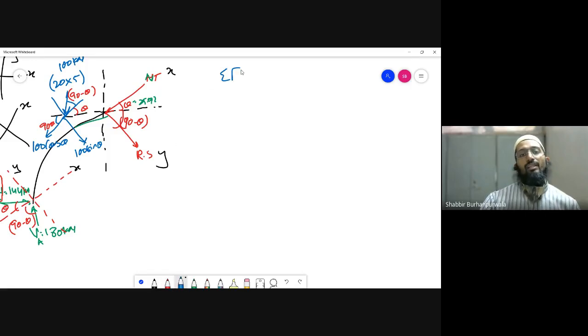तो हम लोग यहाँ पे लेते हैं summation Fx equals 0. If I do summation Fx equals 0, so x direction के अंदर 144 है जो कि पॉजिटिव डायरेक्शन के अंदर है. फिर हमारा आएगा minus NT, ठीक है.